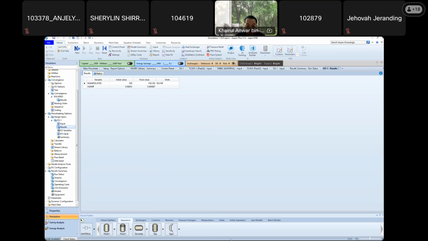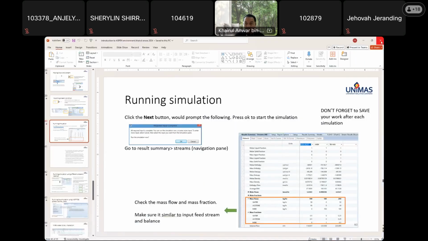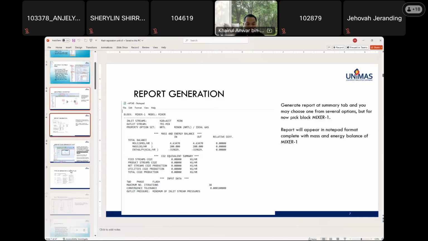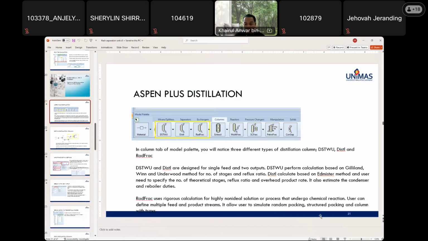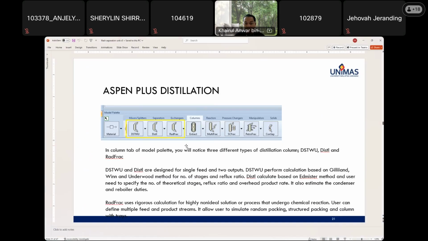Okay. ASPEN Plus distillation, slide 21. Under column, we will have three types of distillation: STW, DISTL, and RadFrac.